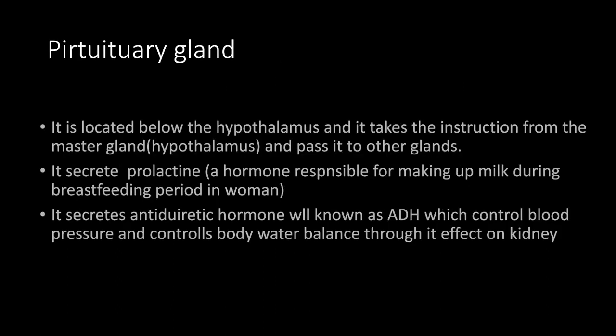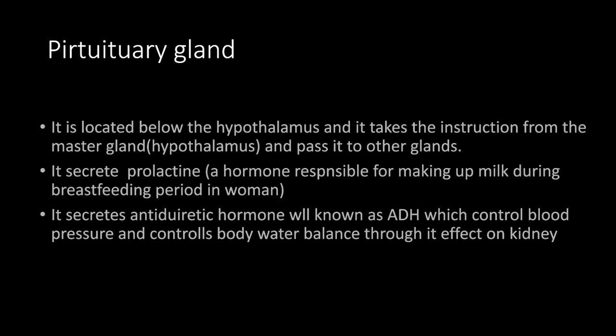The next gland will be the pituitary gland, which is located below the hypothalamus. It takes the instruction from the hypothalamus, which is the master gland, and passes it on to other glands. It secretes a hormone called prolactin, which is responsible for making milk during the breastfeeding period in women.